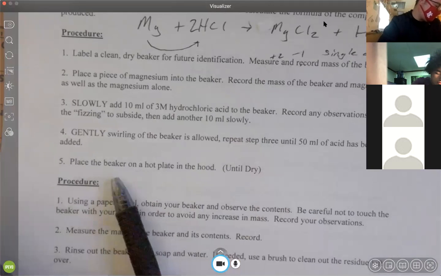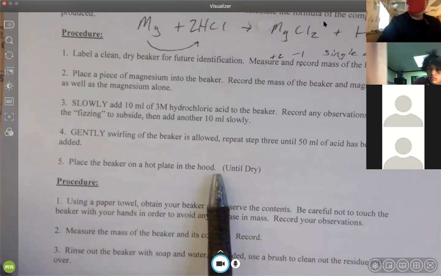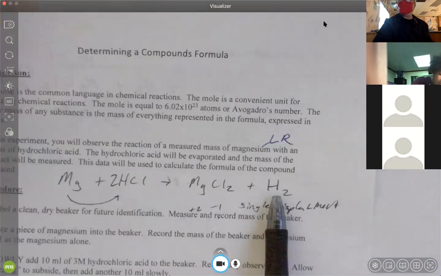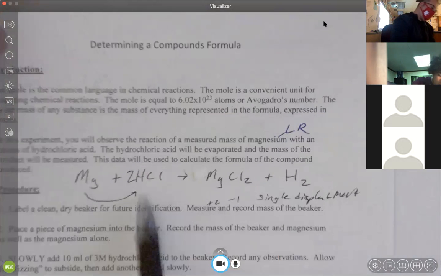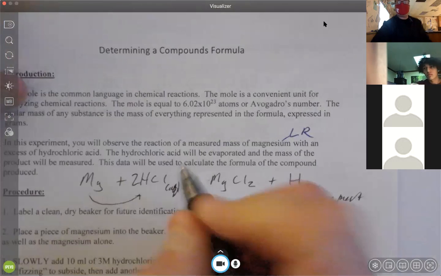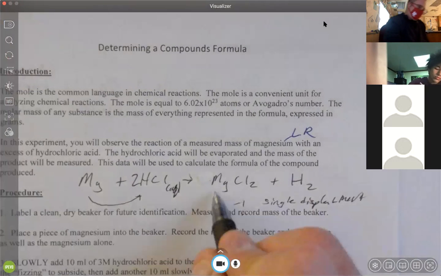Then you're going to place the beaker on the hot plate, and you're going to boil off all the moisture. The hydrogen is the fizzing part, right? Since it's HCl, that's aqueous, so we've got a bunch of water we need to boil off. Once we boil everything off, we should just be left with this product.